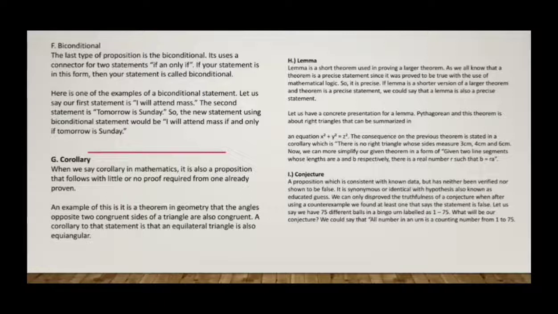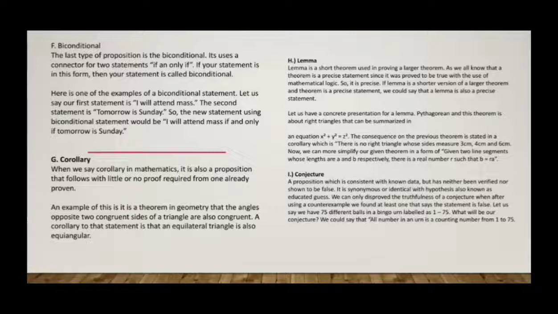A corollary to this statement is that an equilateral triangle is also equiangular. Lemma. A lemma is a short theorem used in proving a larger theorem. For example, the Pythagorean theorem is about triangles that can be summarized in an equation, x squared plus y squared equals z squared. The last part of formality is conjecture.